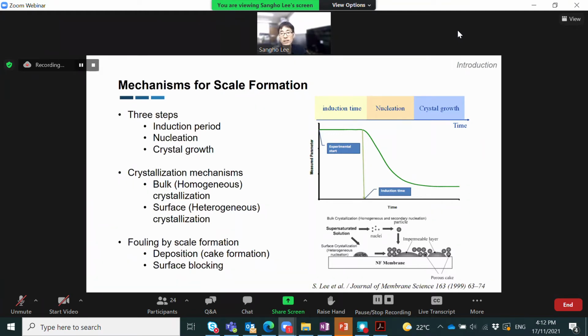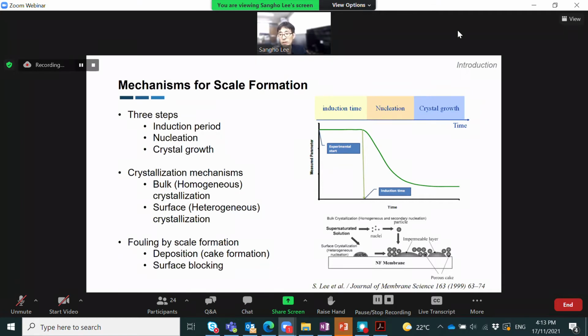So it purely happens from the supersaturated solution. That's homogeneous crystallization. On the other hand, in heterogeneous crystallization, foreign particles or surfaces can act as nuclei so that they can induce the crystallization.